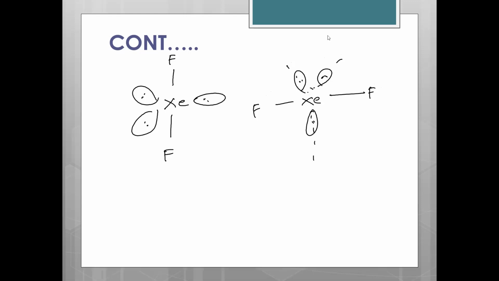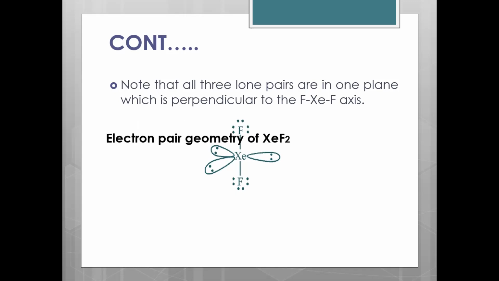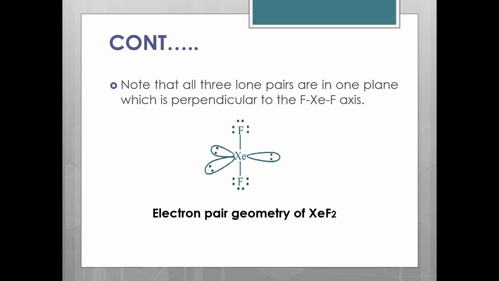Note that all three lone pairs are in one plane, which is perpendicular to the fluorine xenon fluorine axis. So this is the electron pair geometry of XeF2.